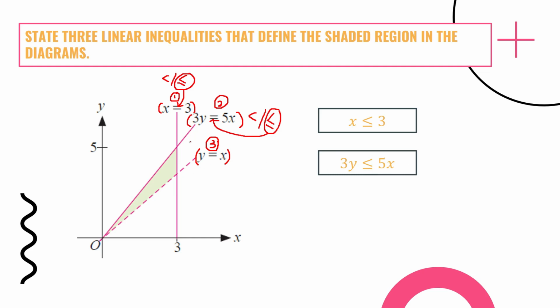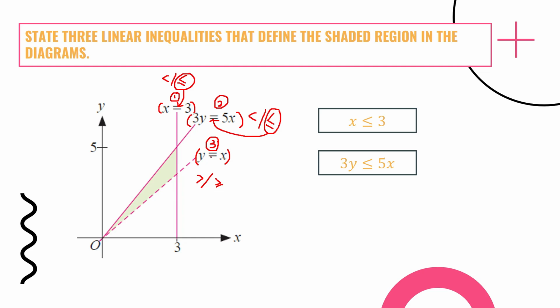For the third equation, y equal to x, from this graph the shaded region is above this line. If it's above, it means higher than or equal. Then we check the line to choose the sign.